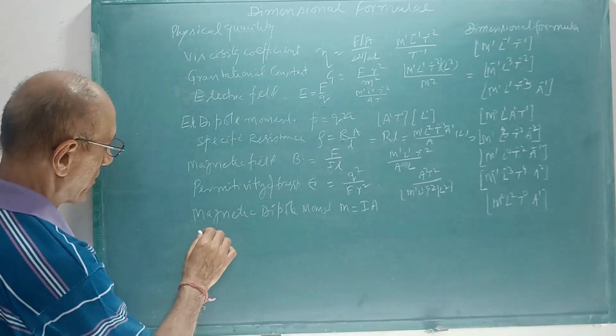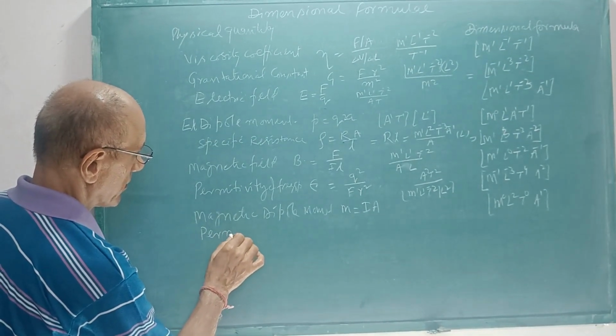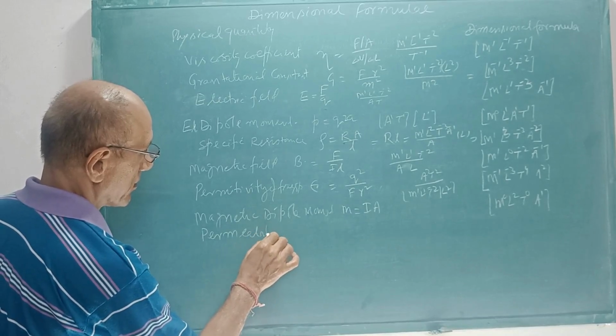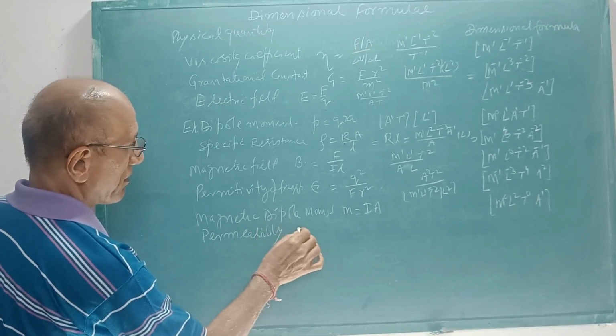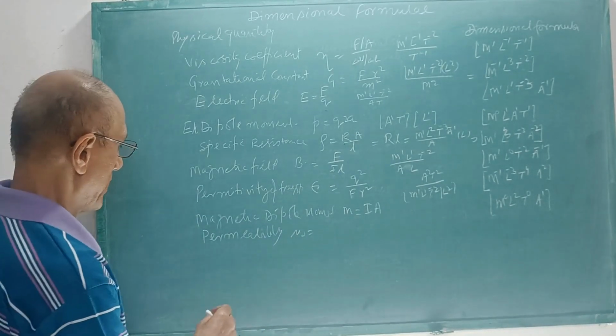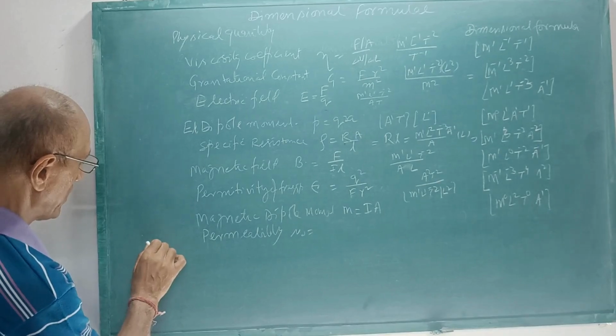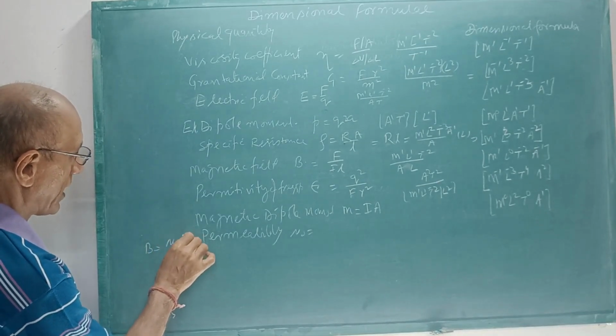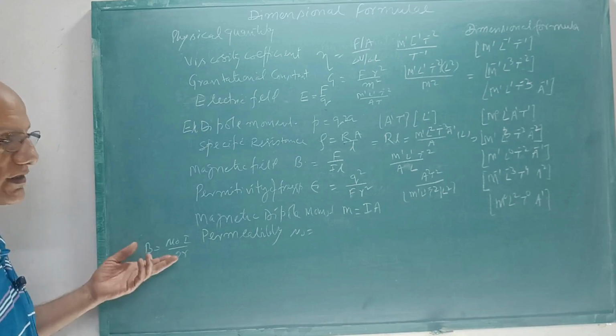Now magnetic permeability. Mu naught: the magnetic field is mu naught I upon 2r for the circular loop.